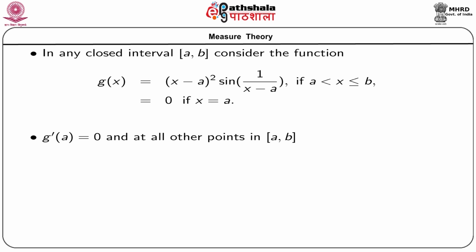Now, it is easy to see that g'(a) equals 0, and at all other points in the closed interval [a, b], g'(x) is equal to 2(x minus a) sin 1 by (x minus a) minus cos 1 by (x minus a). You can calculate it.